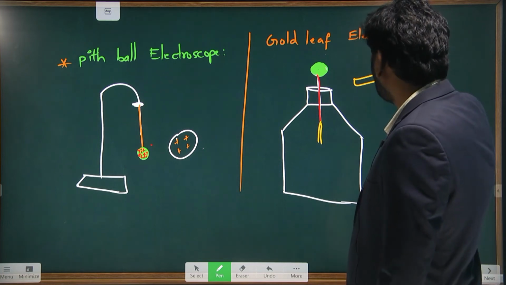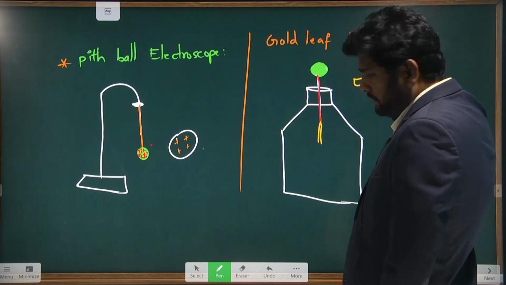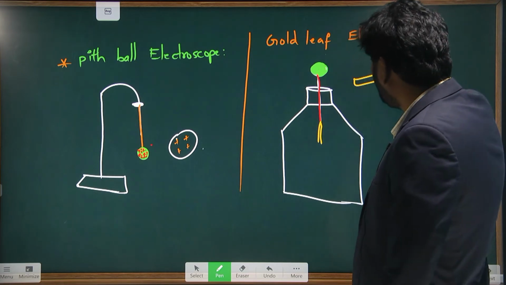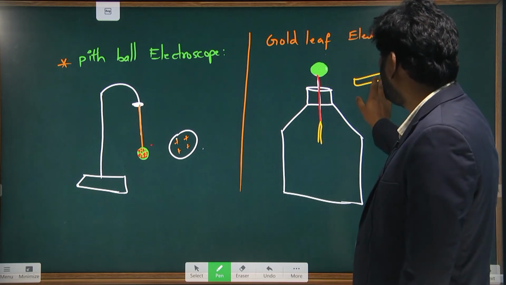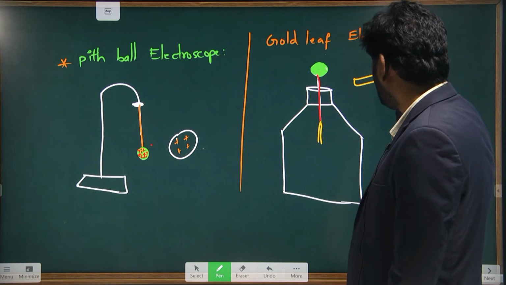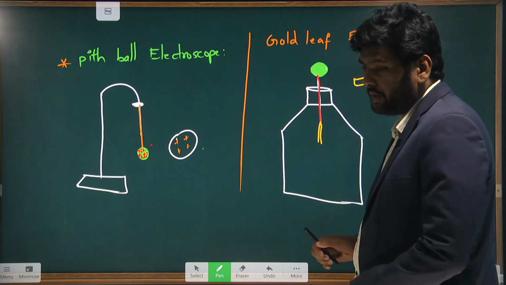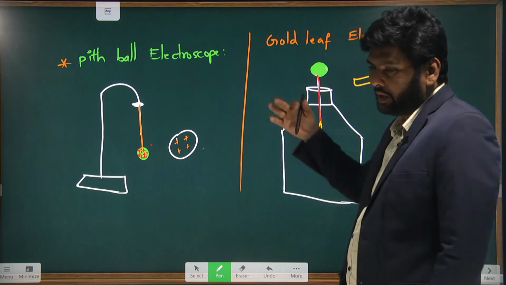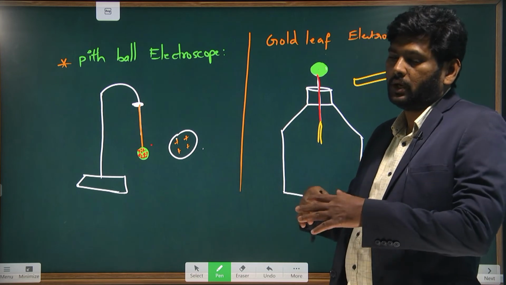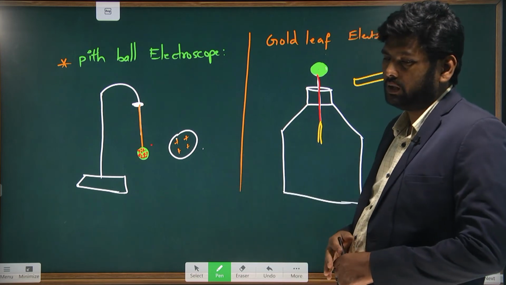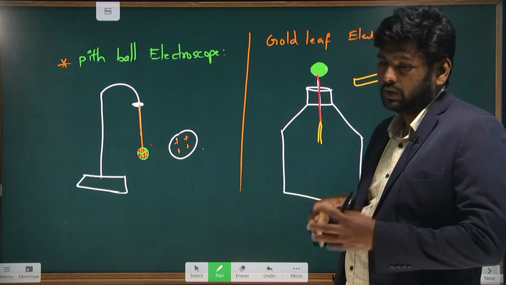When you keep this rod near this conducting sphere, or touch this rod here, what is going to happen? This rod does not have any charge, so you cannot observe anything. The gold leaf cannot show anything.